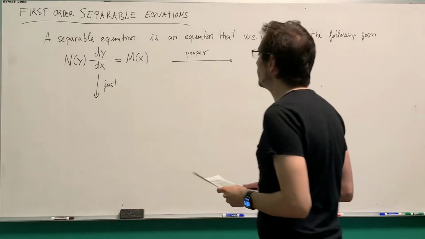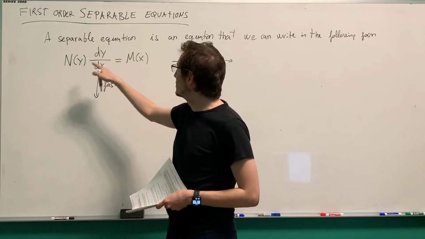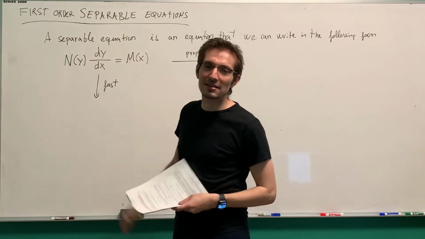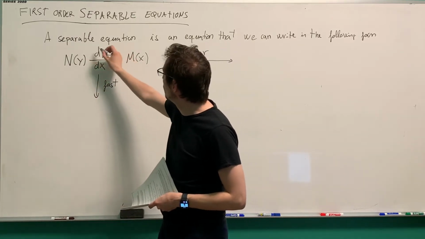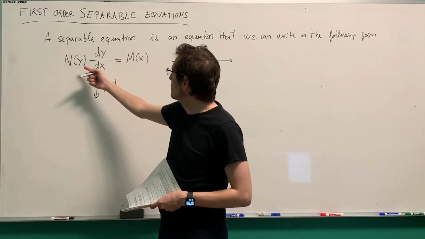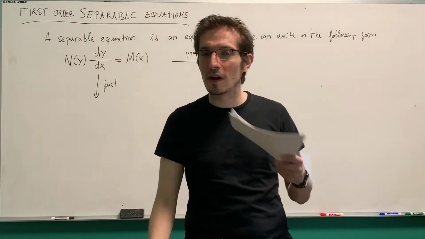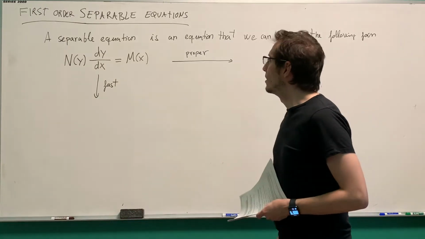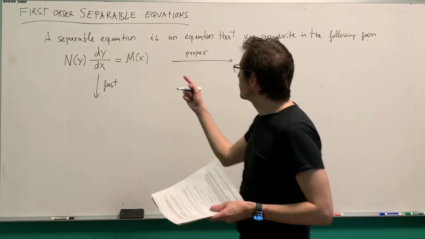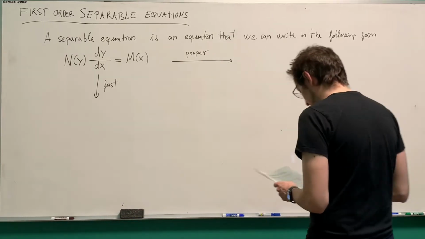Now, how do we solve this? Remember what the problem is. We want to find y of x. This is what we want to find. And we have an equation that involves y dot, the derivative of y with respect to x, involves a function of y and involves a function of x. So we want to find y of x. All right, how do we transform this differential equation into a problem of pure integration? Well, easy.